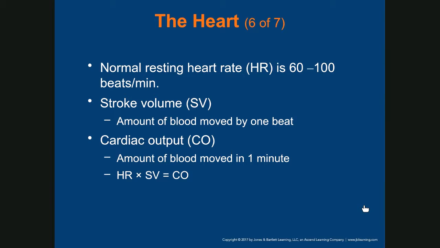Stroke volume is the amount of blood moved by one beat, and stroke volume is influenced by the amount of blood that is pooling into the ventricle, how far the ventricle can stretch, how great that contraction will be, and of course how fast the heart is beating.